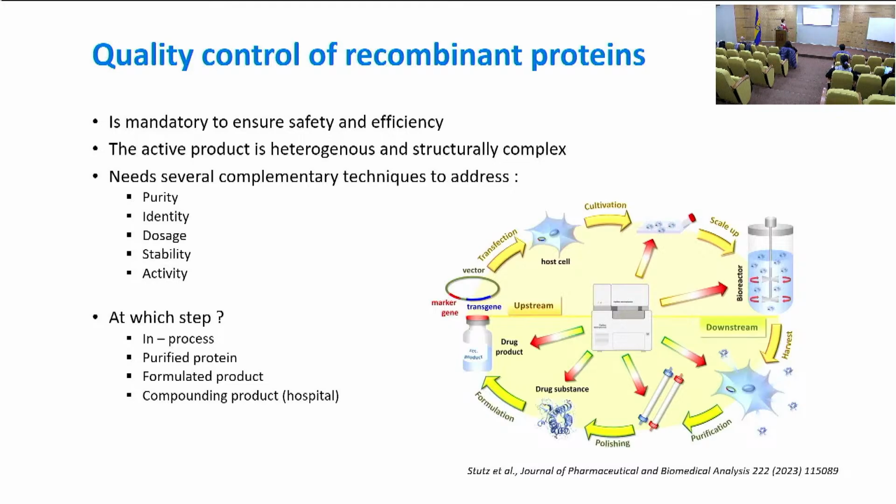In process, so during, for instance, the upstream process, the development and scale-up of the drug. It has to be done after the purification process, after the formulated product, or also in the compounding product, when at the hospital, for instance, the compound is reproduced in an infusion bag.